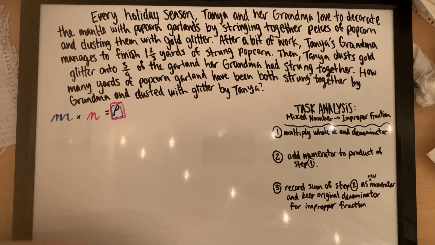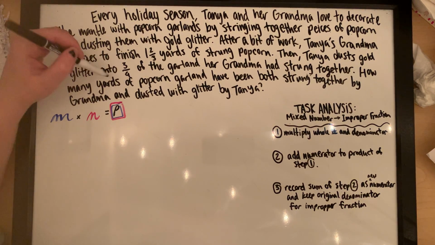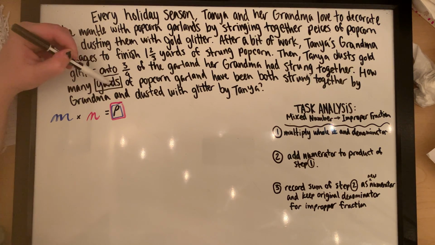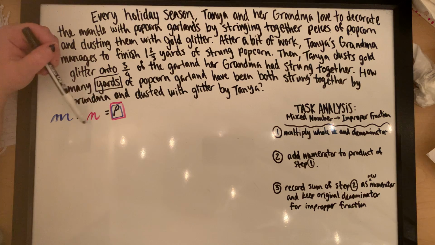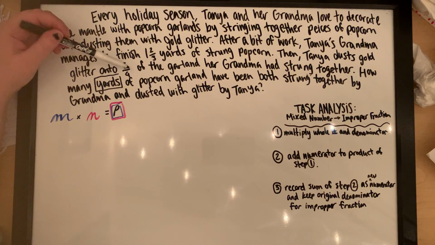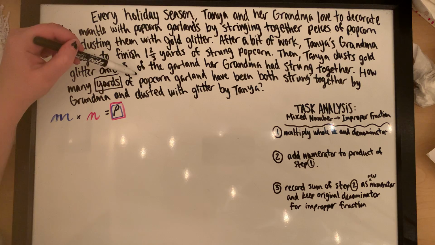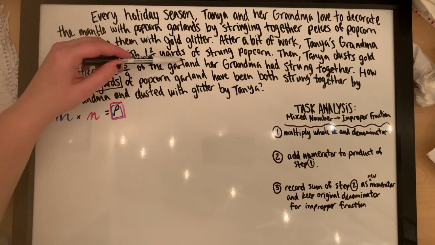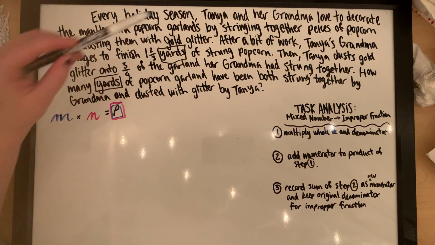You still get it. So we're looking at how many yards. So that's our describing word. To find our n value, one thing that might help is looking for our amount that has this same describing word. So 3/4 of the garland is not the same, but 1 2/3 yards has the same describing word.